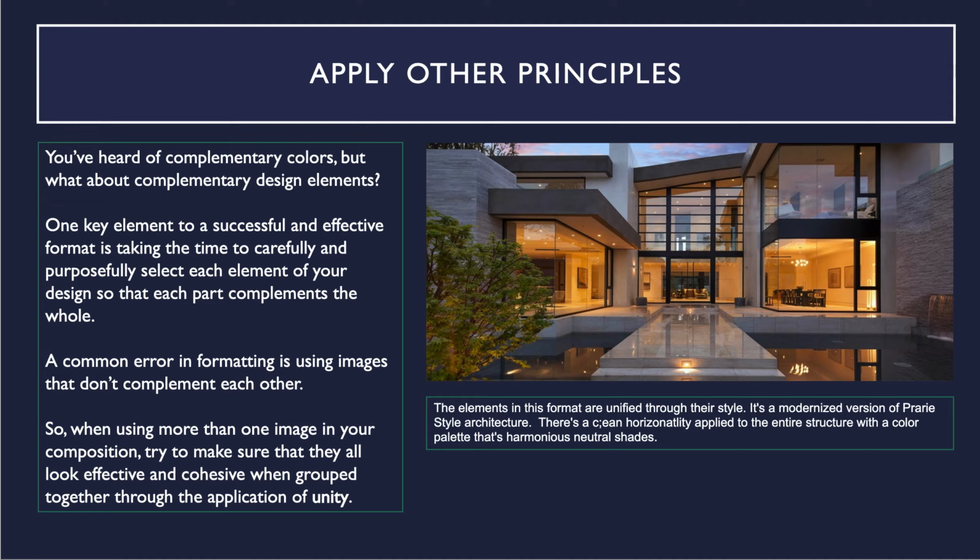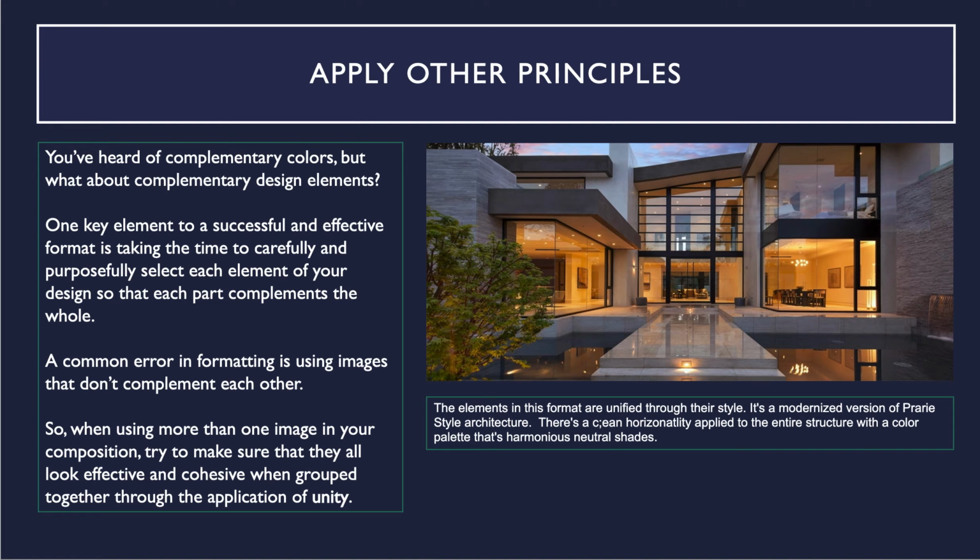You've heard about complementary colors, but what about complementary design elements? And that's another one. How do you do this, right? So if you look at the photo of the house here, more like almost the size of a mansion. It's interesting. What would qualify as a mansion in modern terms?